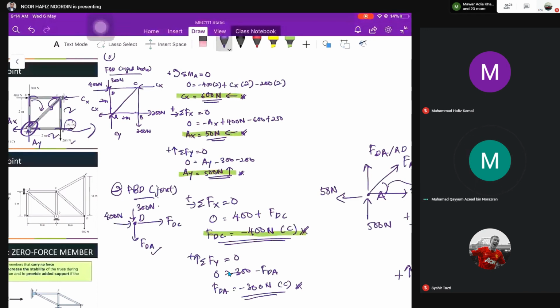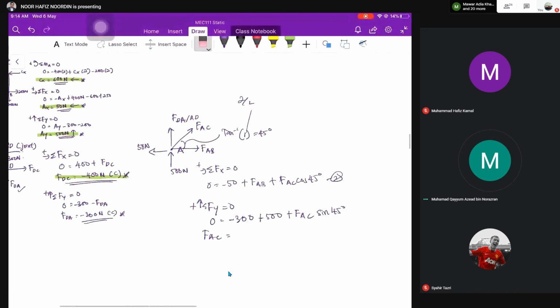Okay, saya proceed. So nilai FAC kita adalah negative 300 plus 500, and then bagi sin 45, 283, and then the value is negative. Sebab kita pindah sana, negative 283. So this one bila negative, compression lah.